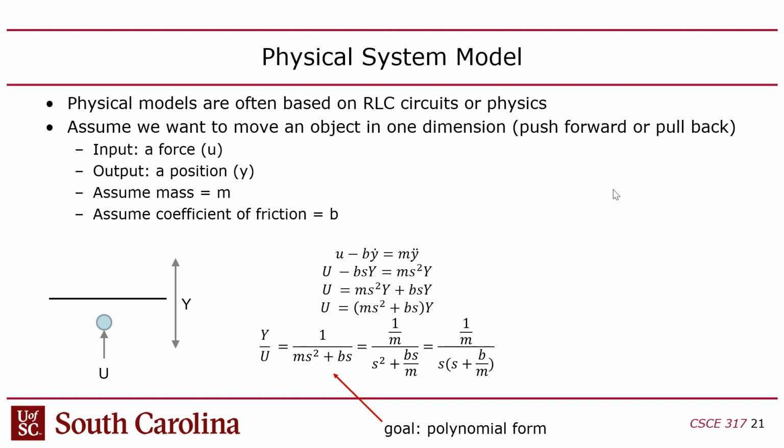And I'm also going to have some parameters here. I'm going to assume the coin has a mass of m, and that there's a coefficient of friction between the thing I'm moving and whatever it's sitting on. So, real simple physics setup here. One way to write this in the time domain is: U is the force I'm pushing on it. There's also a counterforce that comes from the friction.